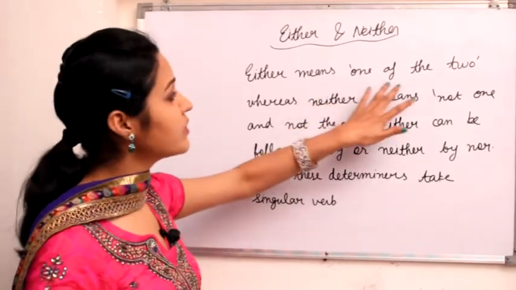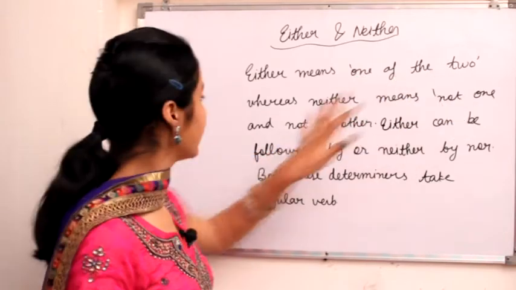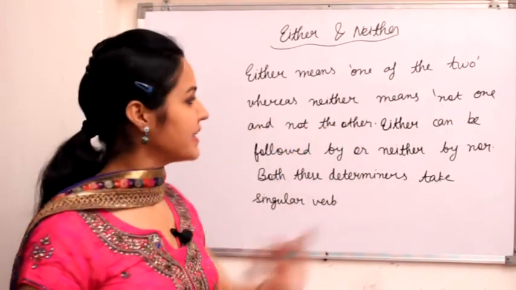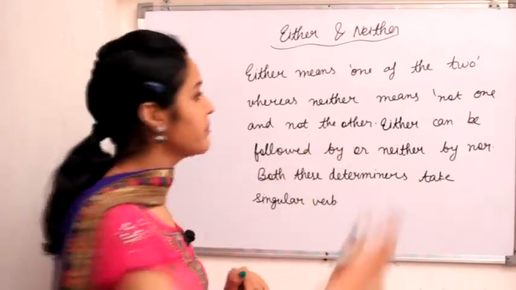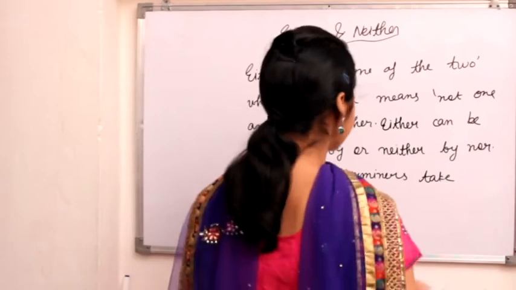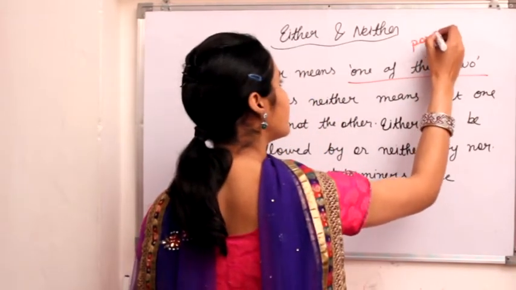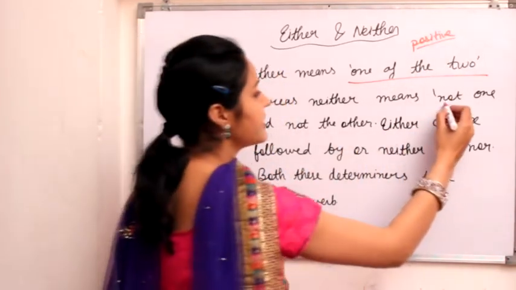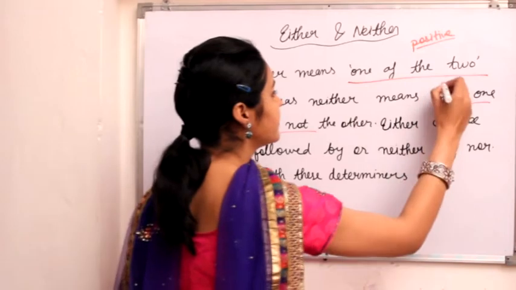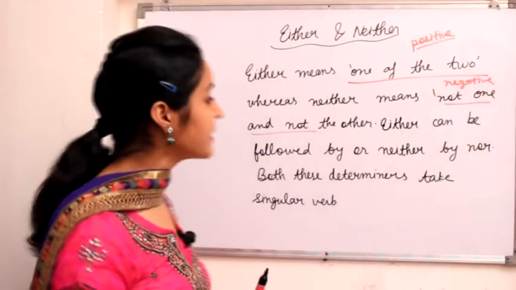So very first I explain you about either. Either means one of the two, whereas neither means not one and not the other. It means either is in a positive situation, and neither means it is in the negative. Clear, friends?